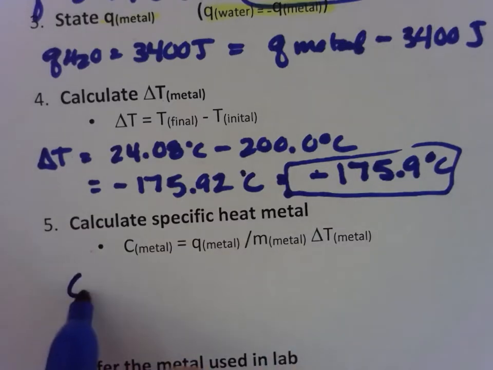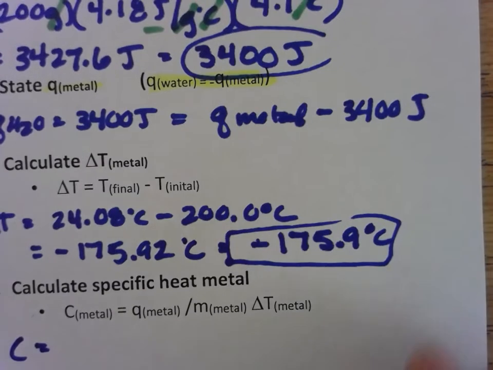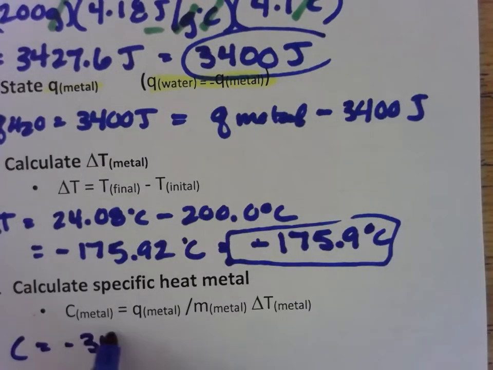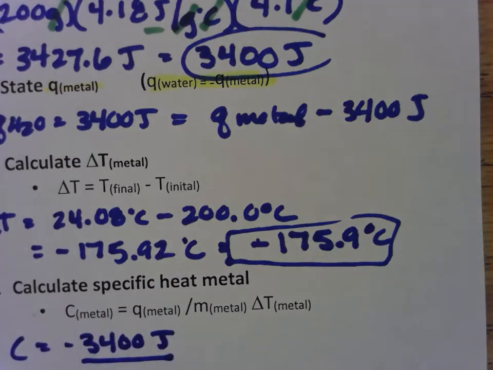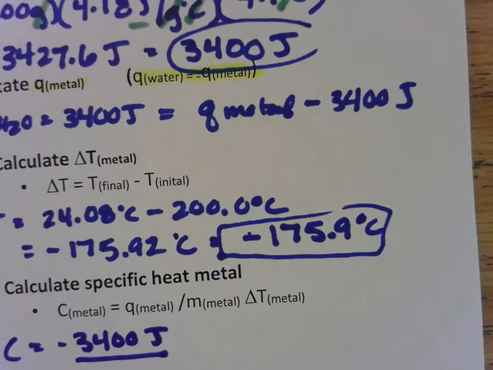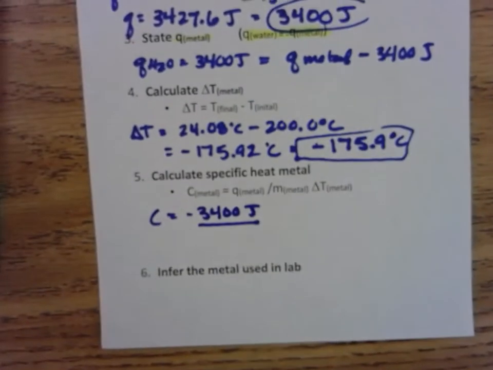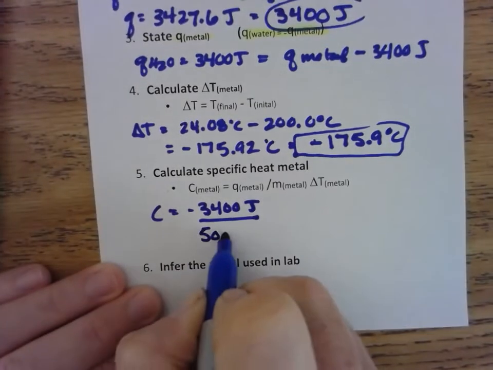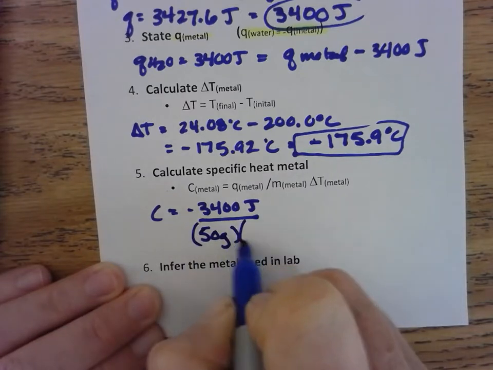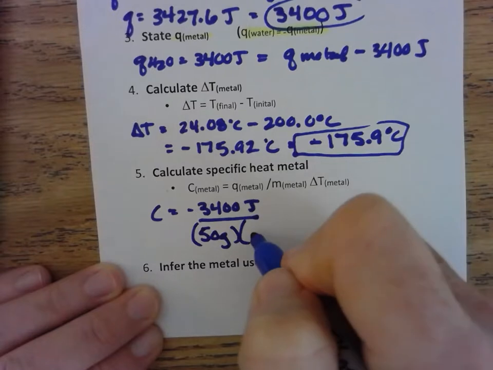So C metal is equal to the Q metal, which I have right here, -3400 joules, divided by the mass of the metal, which from my data table is 50 grams. I'll pop this up a little bit. Focus it for you. And my change in temperature of my metal, which I have right here.